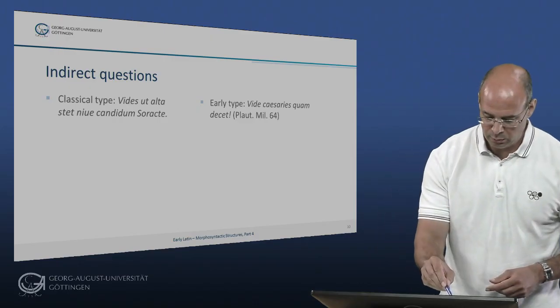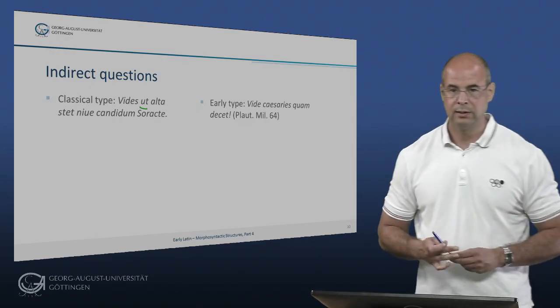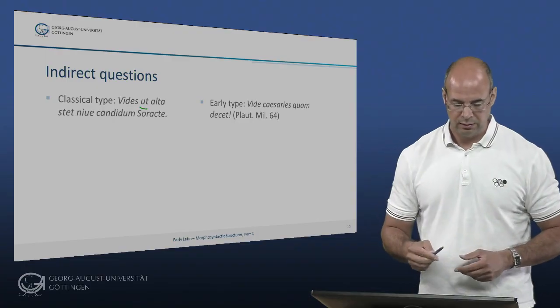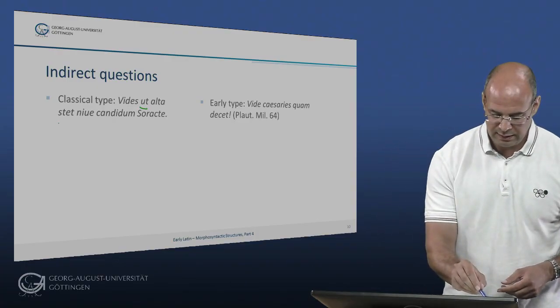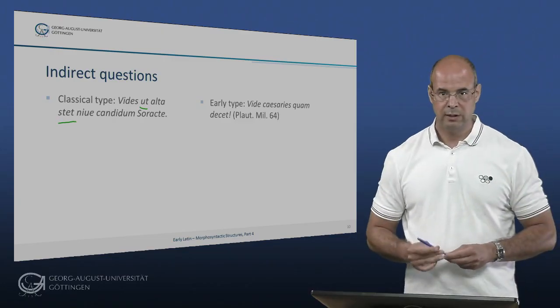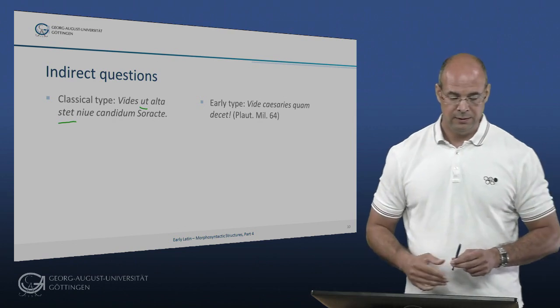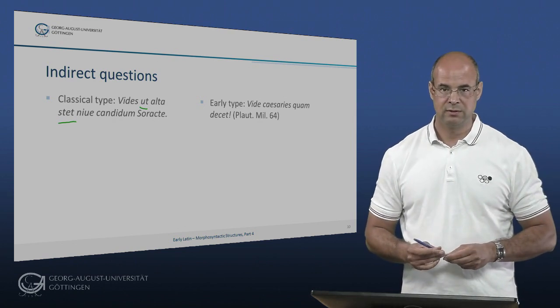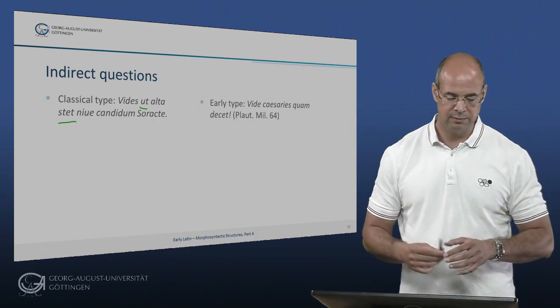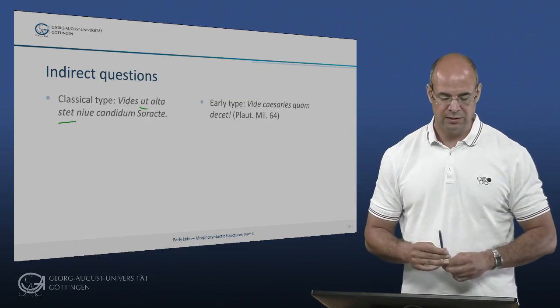We have ut, indicating an indirect question, and we have stet as a present subjunctive. Now, in classical Latin, the subjunctive in indirect questions is normal. There are some exceptions, but by and large, that's what you expect.